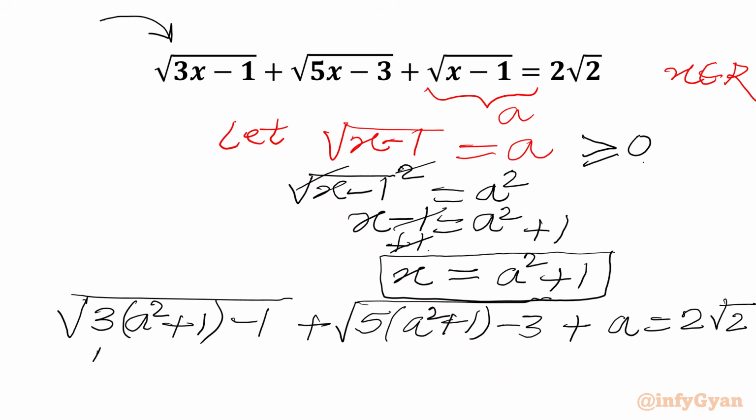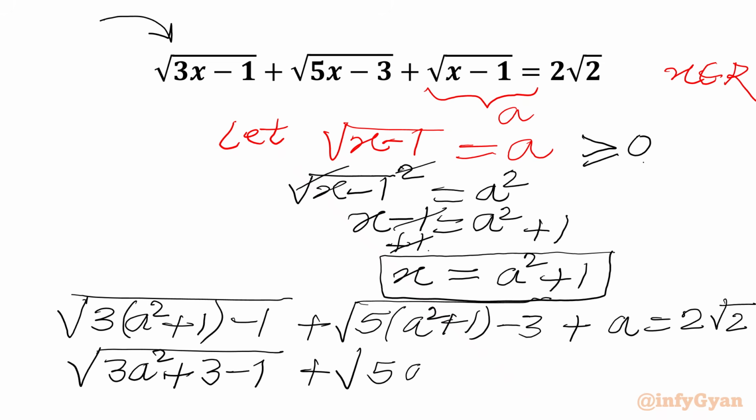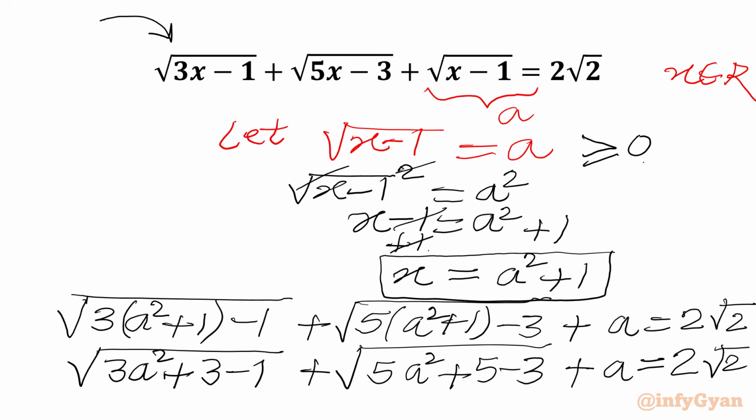We'll simplify: square root 3a square plus 3 minus 1 plus square root 5a square plus 5 minus 3 plus a equal to 2 square root 2.